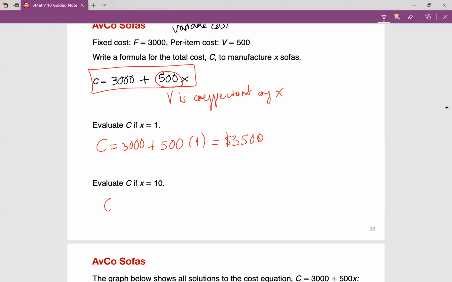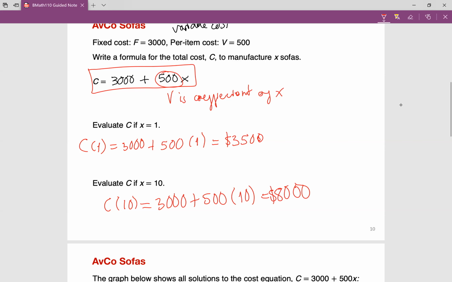I may write this as C of 1 and C of 10, so people can know that if X equal to 10, then it's different from X equal to 1. So that's going to give me 3,000 plus 500 times 10. And that's going to give me $8,000.